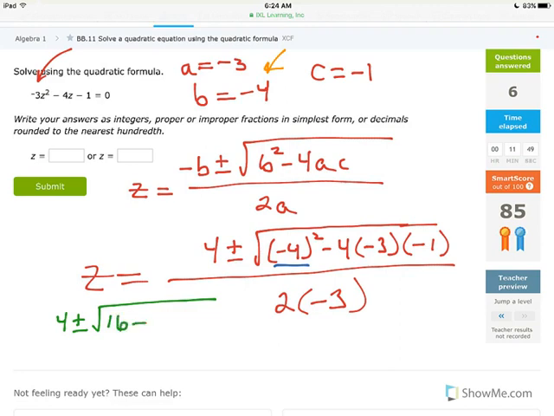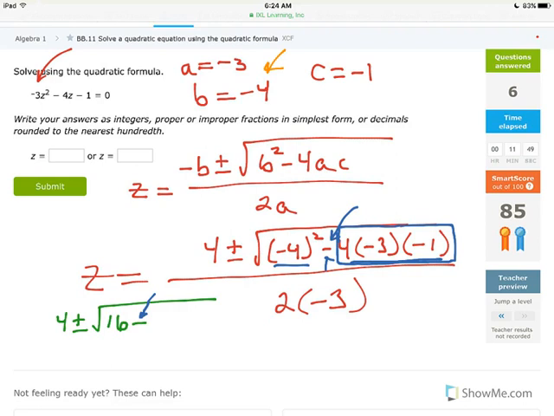minus, and then if you work all this out right here, 4 times negative 3 is negative 12, times negative 1, so a negative 12 times a negative 1 is a positive 12, and then you already have this minus that was in front there.